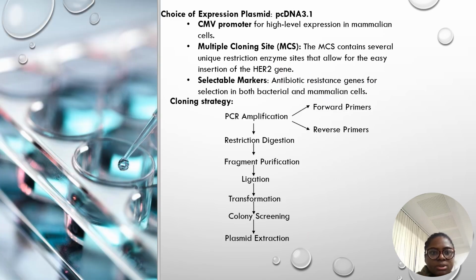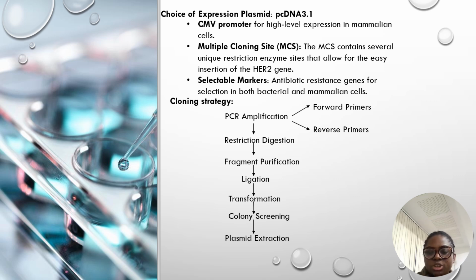Choice of expression plasmid. The pcDNA 3.1 plasmid was selected for this experiment due to its high level expression capacity in mammalian cells, driven by the CMV promoter. Not just the CMV promoter, it has an additional T7 promoter. Also, the plasmid contains multiple cloning sites for easy gene insertion and antibiotic resistance markers for selection of transformed cells.